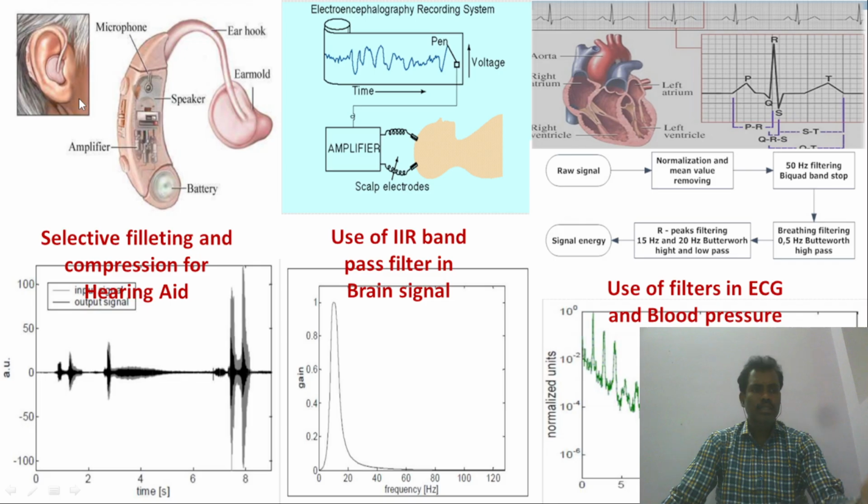The decision of changing that level is done by an AGC circuit, automatic gain control circuit, which is also inside this device.